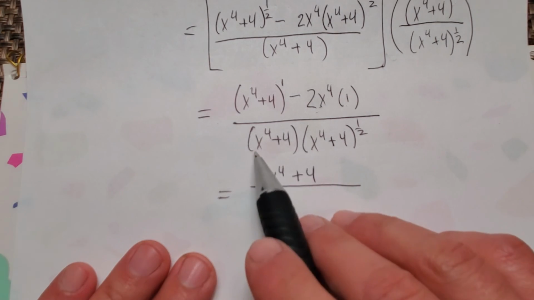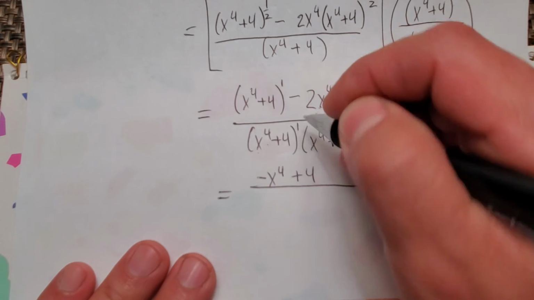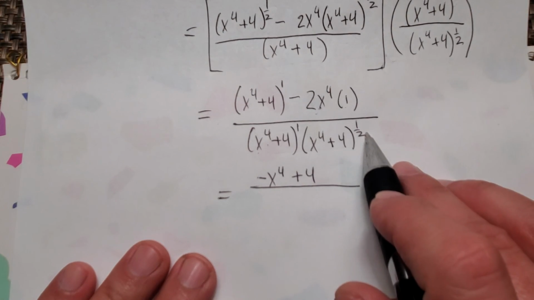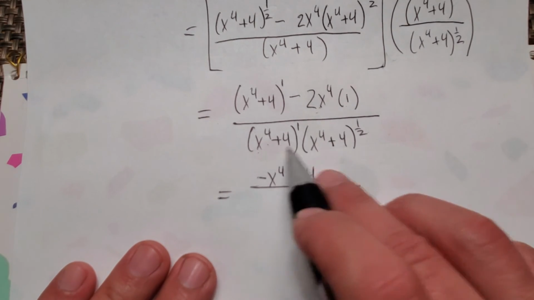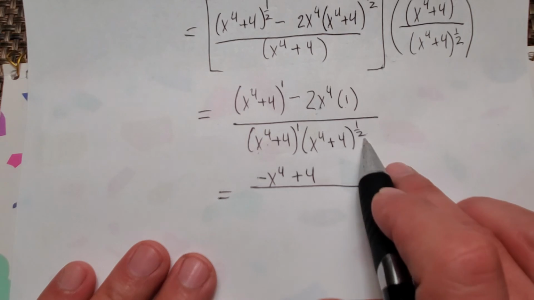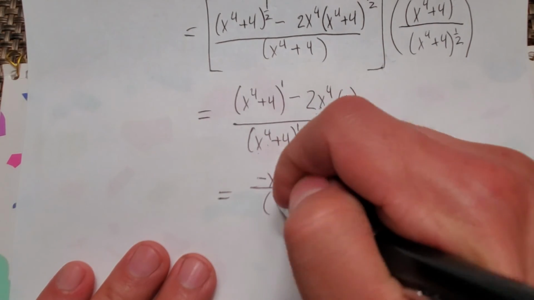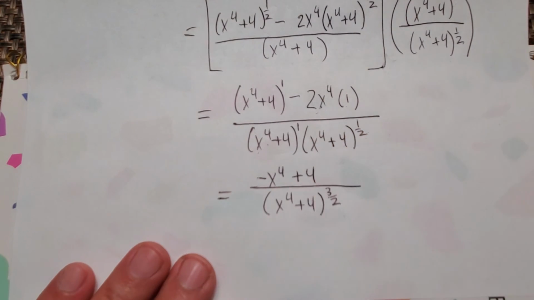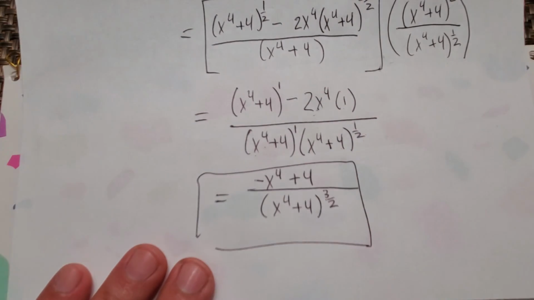And in the denominator, we have x to the 4th plus 4 to the 1st power times x to the 4th plus 4 to the 1/2. So again, whenever we multiply two powers with the same base, we simply add the exponents. Well, what's 1 plus 1/2? That's going to be x to the 4th plus 4 to the 3/2 power. And that's pretty much all we can do with that problem.